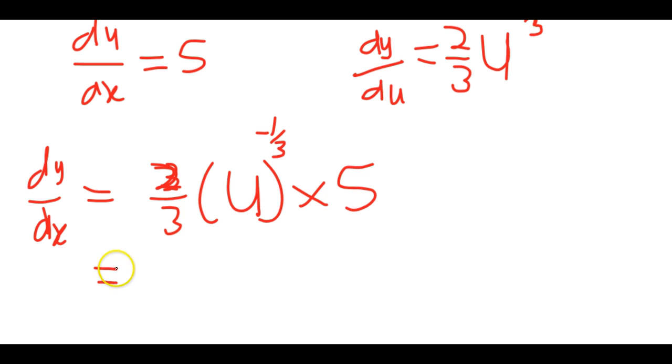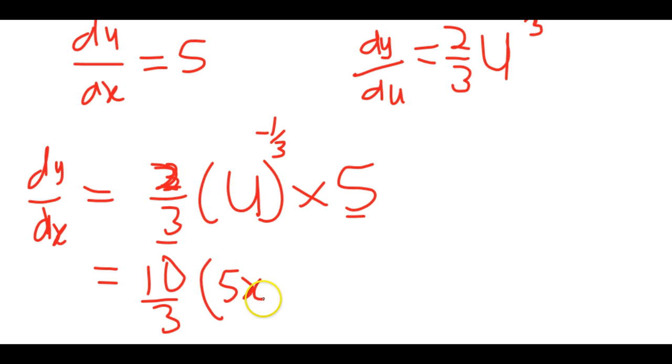And so when I simplify this, 5 can multiply this as 10 on 3 times u, and u is (5x - 4) to the power negative 1 on 3. So we can leave our answer this way, or better still, since we have an exponent of negative 1 on 3, we can reciprocate it, and the answer will finally look like this.